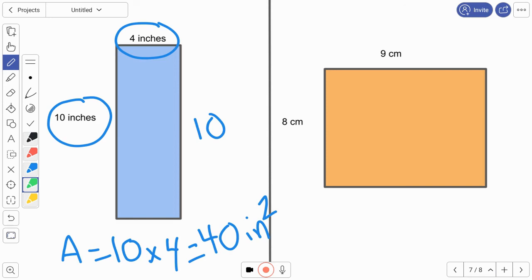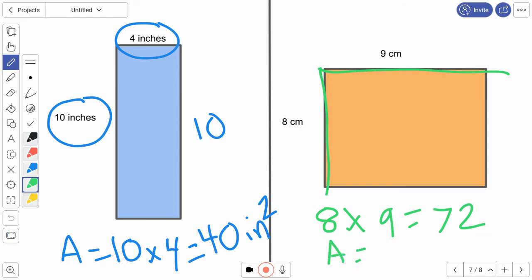On this other one, you can see we've measured those two dimensions. We've measured one of the lengths, one of the widths, and all we have to do is multiply them together. 8 times 9 equals 72. So that means the area of this equals 72. They measured in centimeters, and it is square units, so centimeters squared.